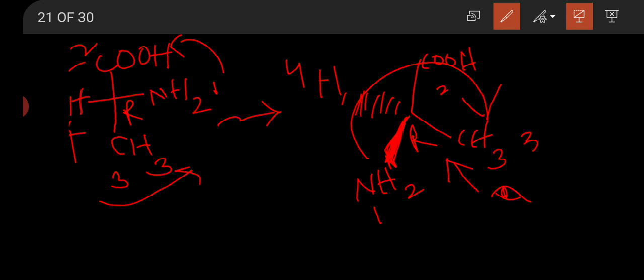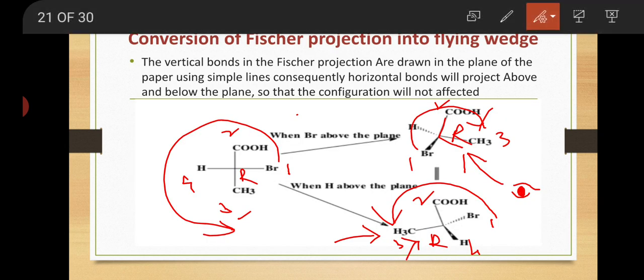Okay, therefore the R configuration in Fisher formula is retained in wedge dash formula. If hydrogen is above the plane, then for alanine, that is COOH, NH2, H, CH3, which is R configuration.